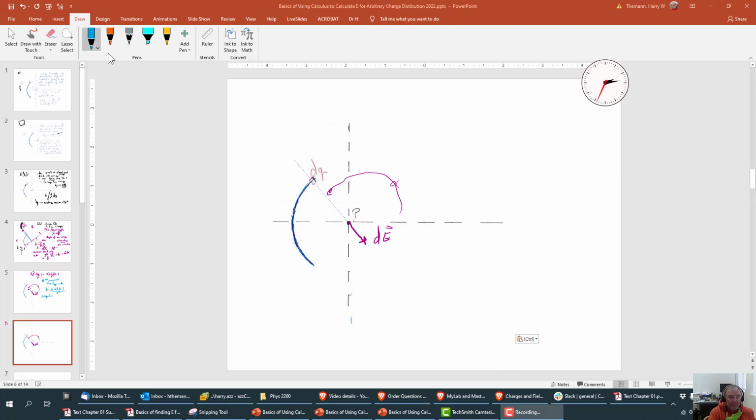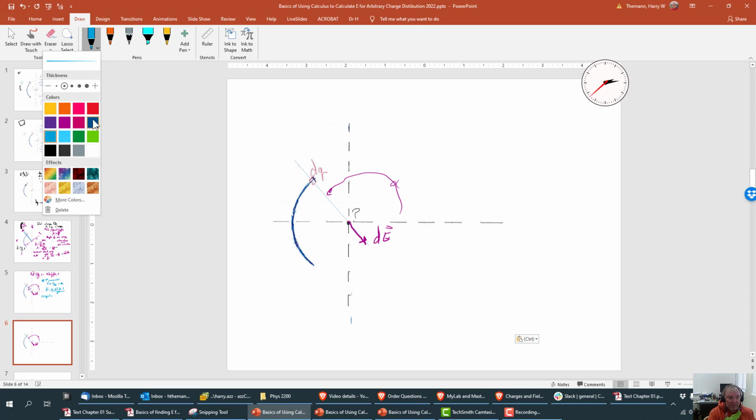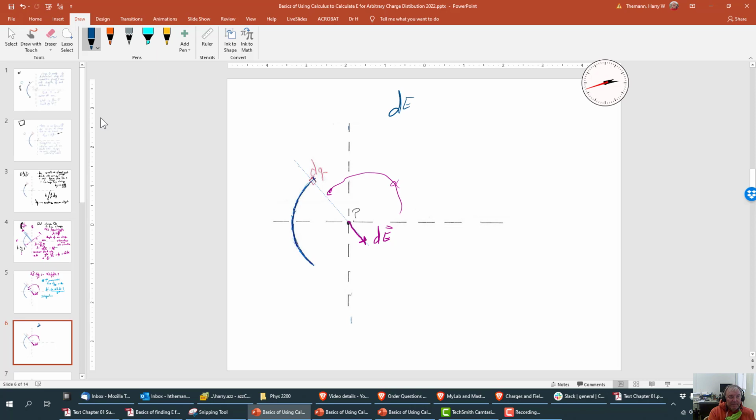All right, so it kind of seems we have, and I suppose I could have copied it forward, our dE equals k lambda d alpha over a.